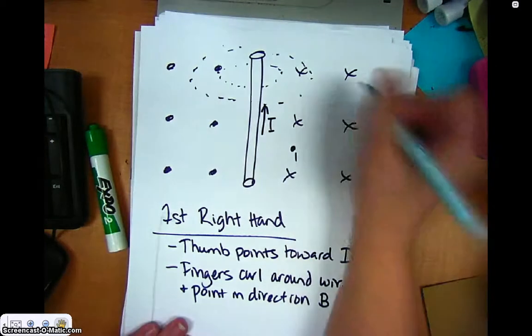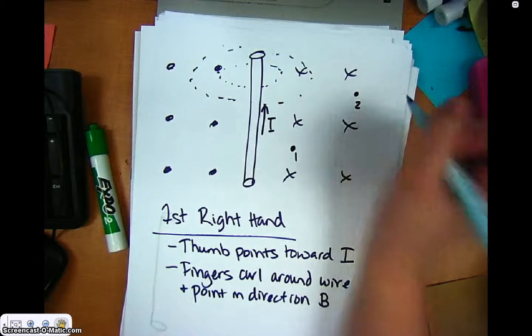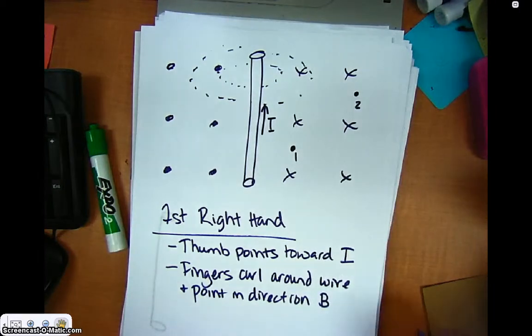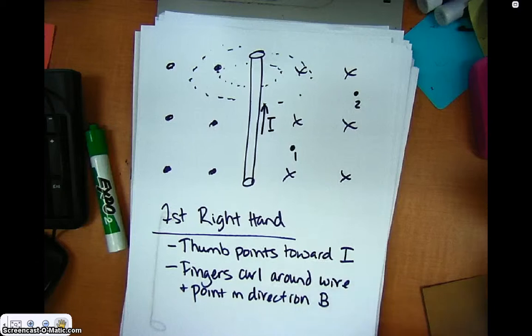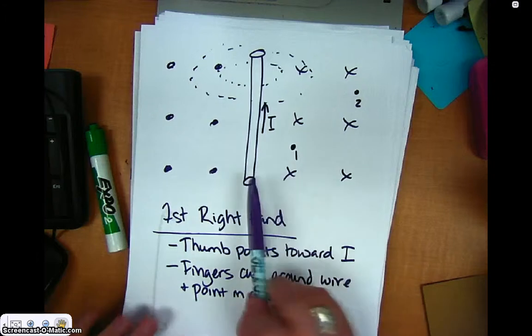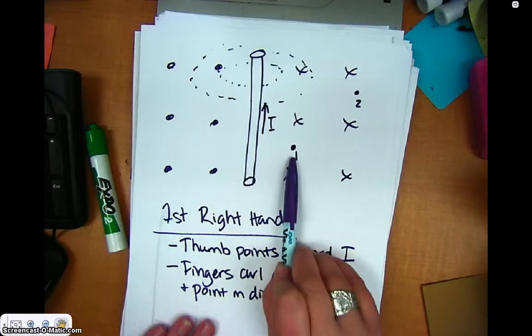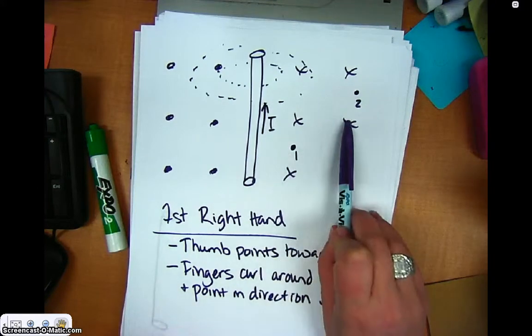Now, if we look at the magnetic field, let's say I was here at this position 1, or I was here at this position 2. There's going to be a different magnetic field at each one of these positions. And it's based on two different factors. And this should be pretty intuitive. So let's say that you are close here and you're further away.